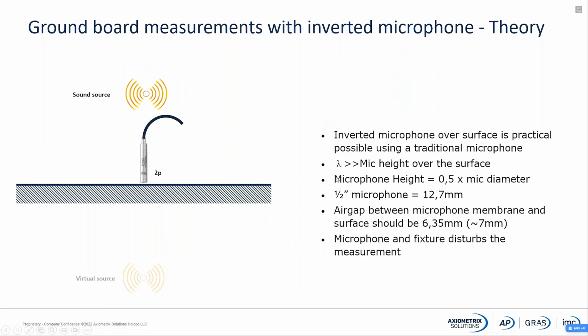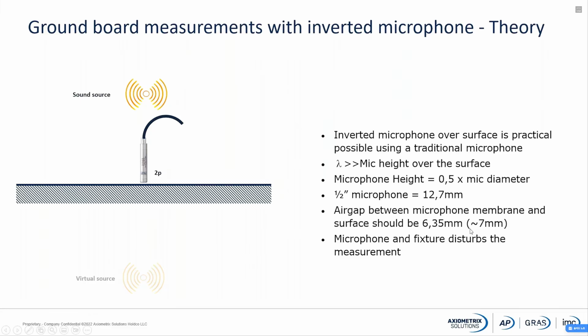So the standard came up that the air gap has to be half of the microphone diameter. And if you take a half-inch microphone, it's half-inch or 12.7 millimeter, and the air gap between the microphone membrane and the surface should then be 6.35 millimeter or roughly 7 millimeter.